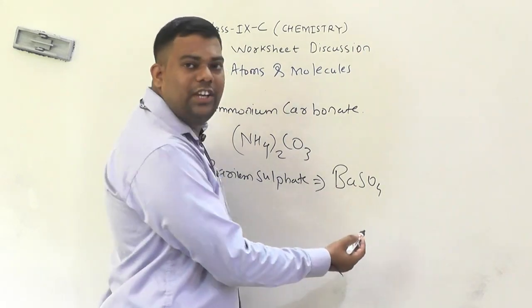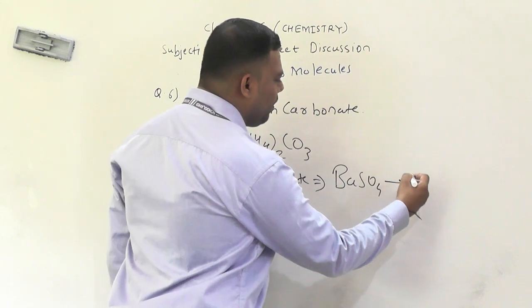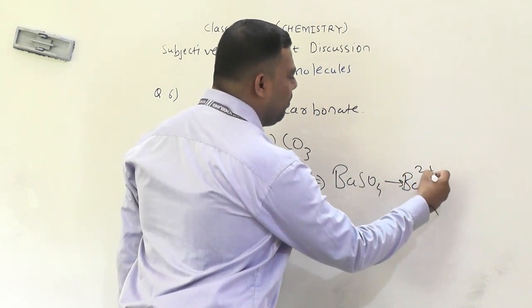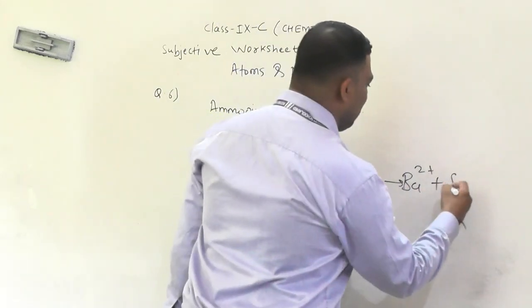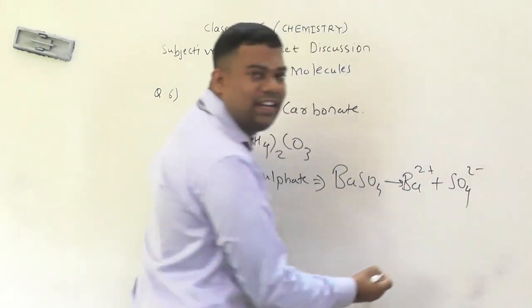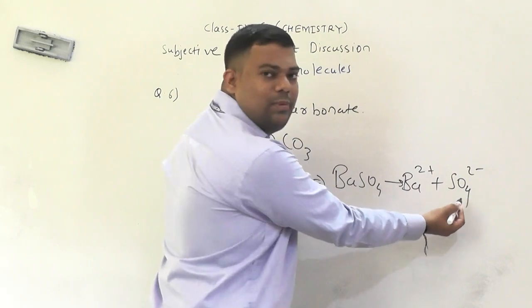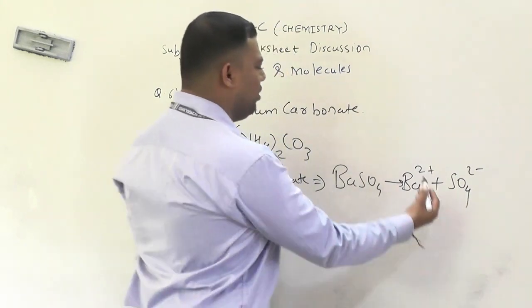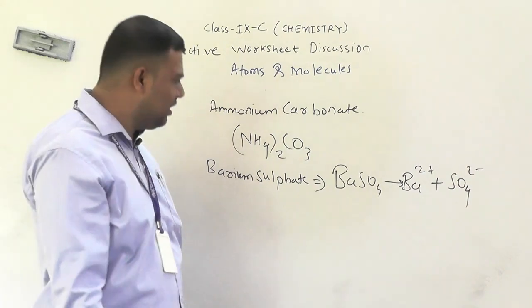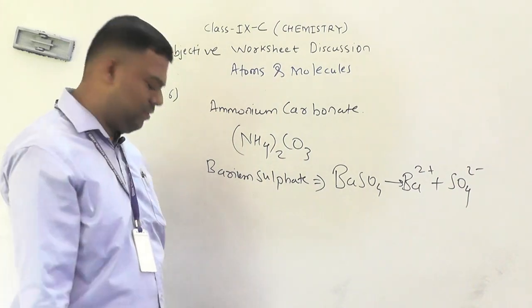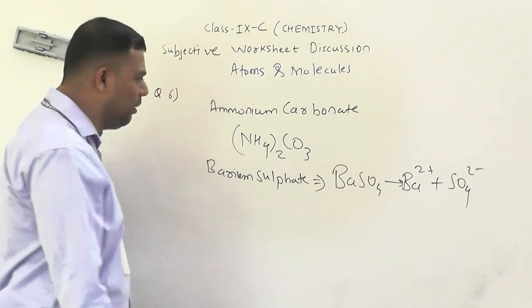So we can write it like this: Ba2 plus, SO4 2 minus. Plus 2 and 2 minus cancel out and you simply get the answer BaSO4. Okay, so see sodium sulfate.